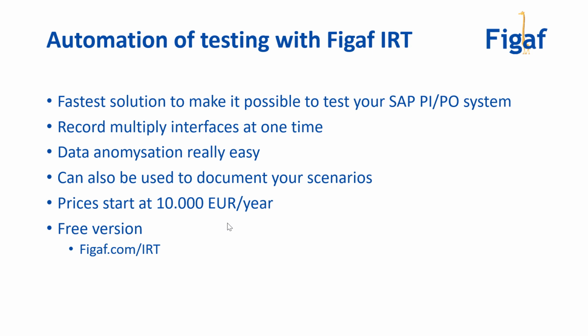So that's why we've created the Figaf IRT tool, to make the testing a lot faster for both development and also for migration, so that you can take data from your productive system, run it through your test system, and then see that everything is as it's supposed to be. We have data anonymization, really simple, built into it, meaning that you can even test with all the HR data that's confidential.